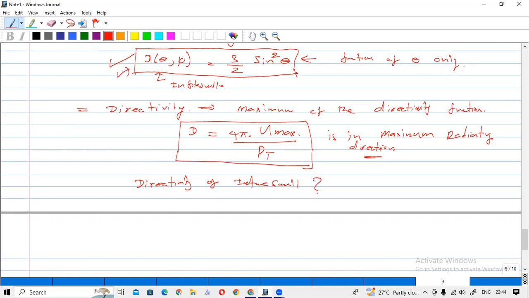You have the function, and the maximum directivity you will get when sine square theta is maximized, that is, theta equals pi by 2. That is nothing but 3 divided by 2. So this is the directivity for an infinitely small length.